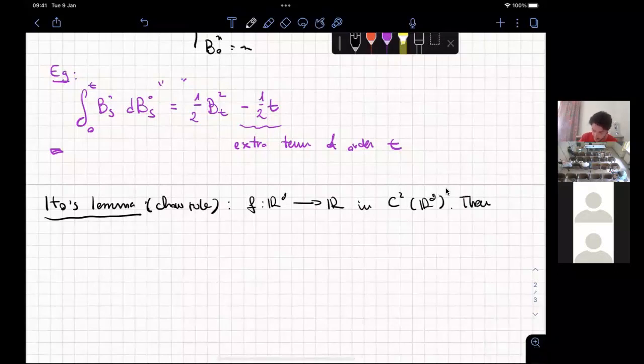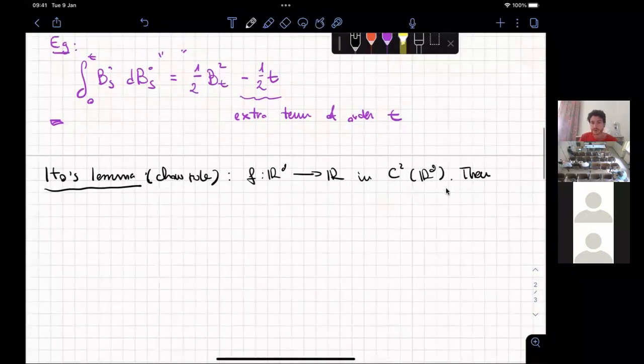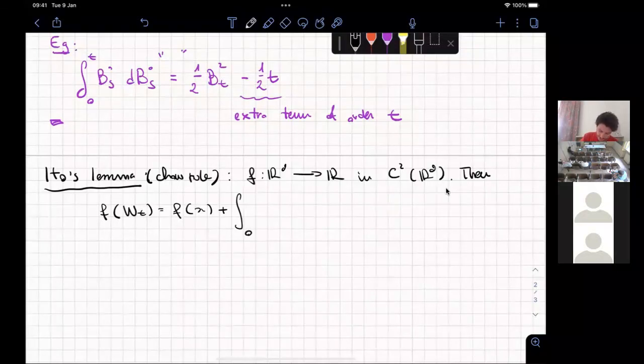Then what happens is this. We take the function f(B_t), and this is equal to f(x) plus the integral from 0 to t of the gradient of f. Now, don't be scared, it's just the first derivative.